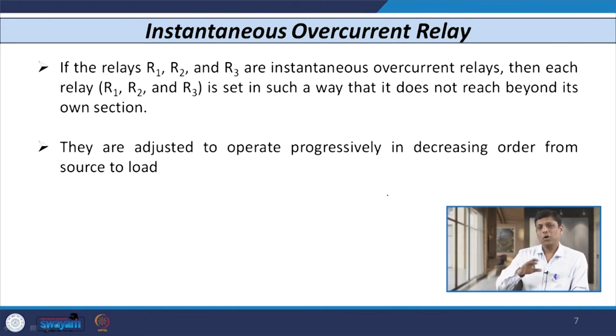If I use 3 relays, or 4 relays, or multiple relays available in a radial network, then let us assume that these relays are instantaneous overcurrent relays. Let us assume that there are 3 relays given.